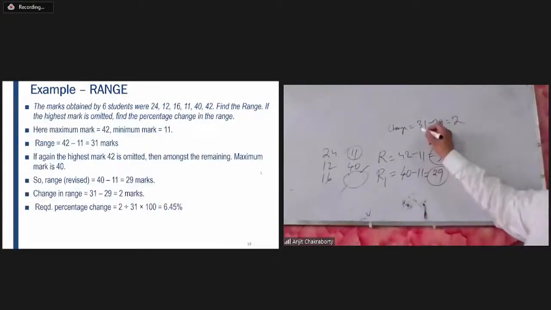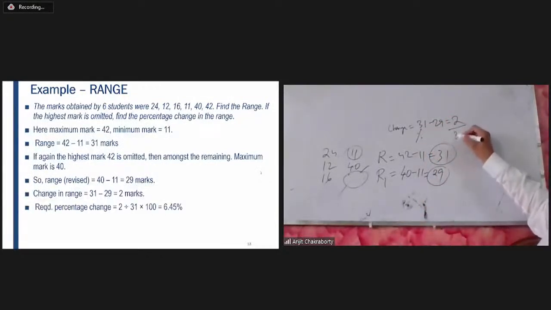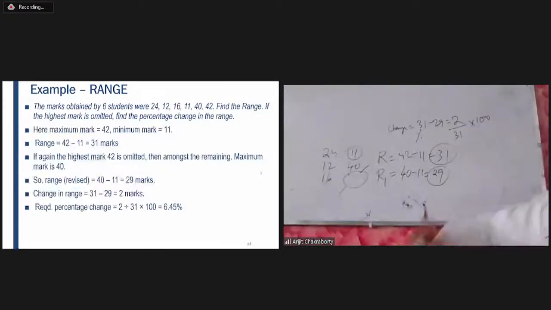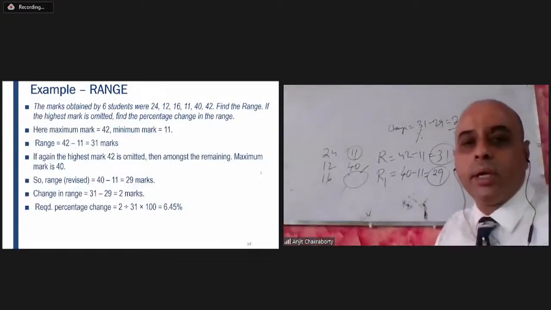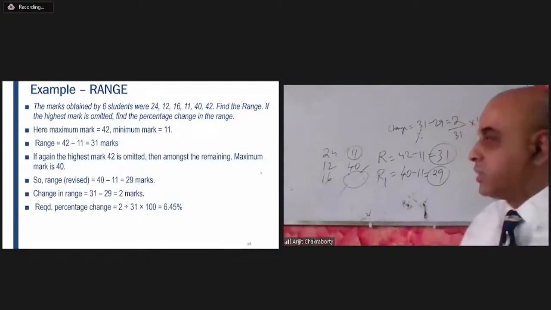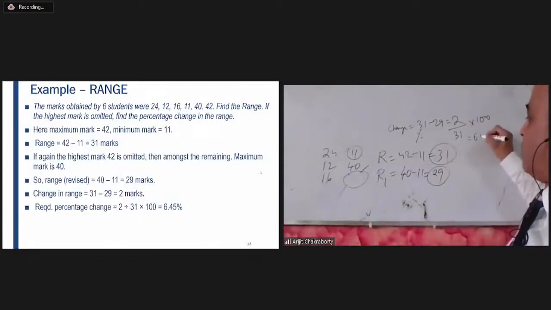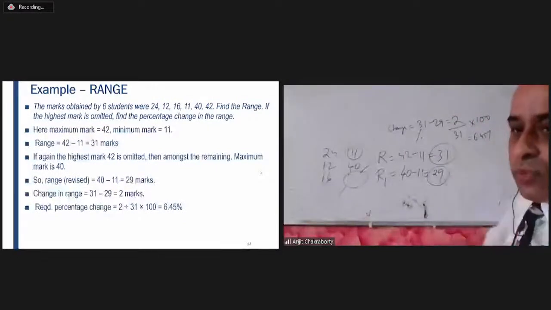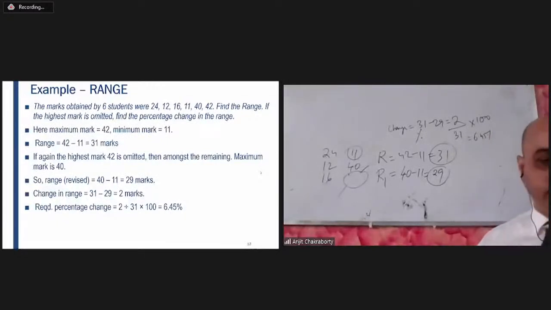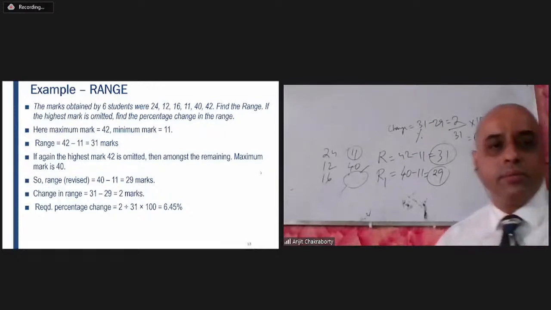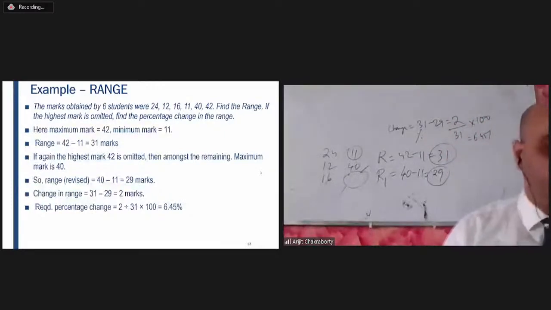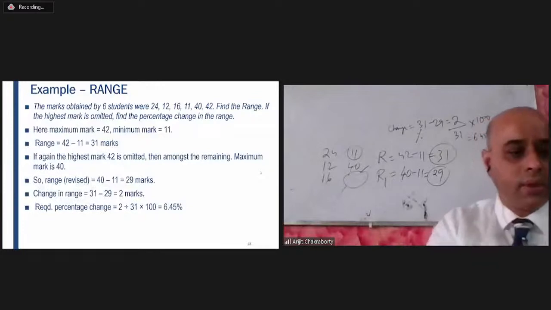So therefore, the percentage change is 2 by 31 into 100, that comes to around 6.45%. Very, very important question for the exam. Kindly keep a note of this particular problem.